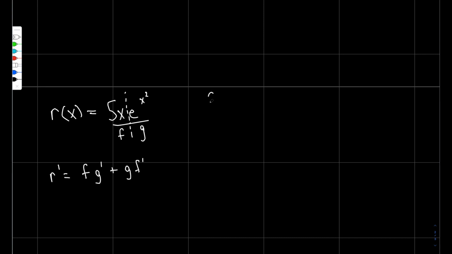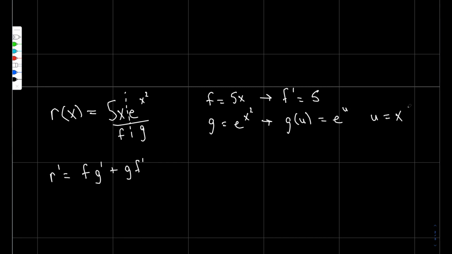So I see that f is equal to 5x, and that means f prime is equal to 5, and then g is equal to e to the x squared. For g prime, we'll have to use the chain rule. So I can say g of u is equal to e to the u, where u is equal to x squared.